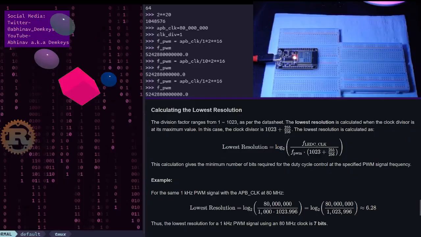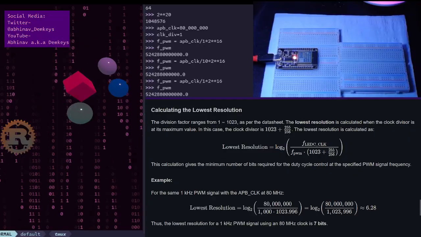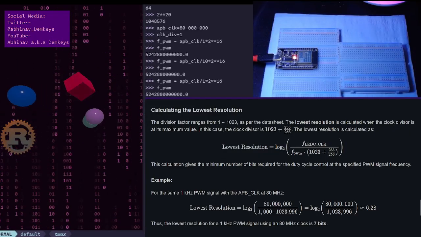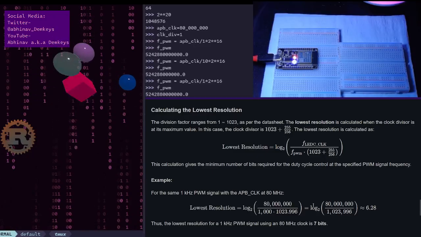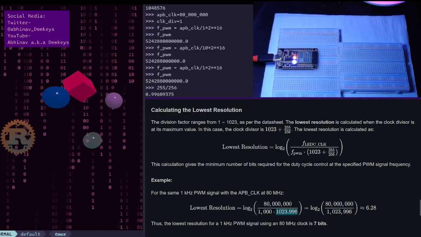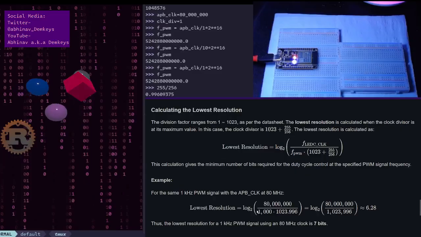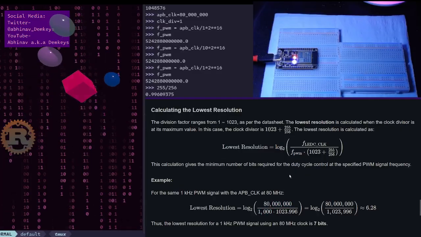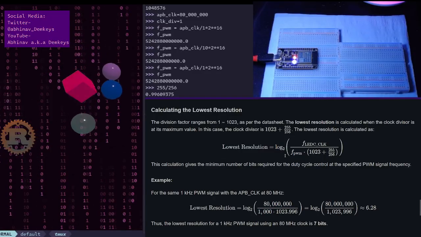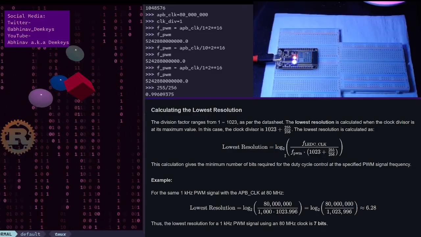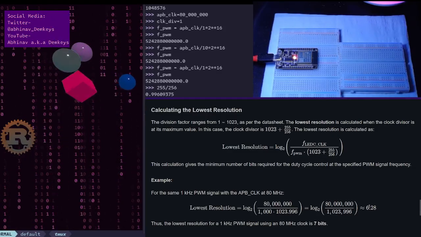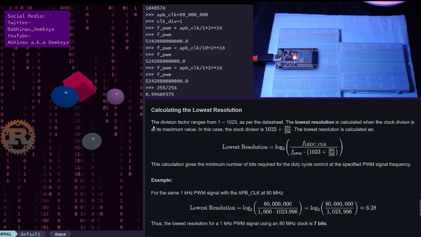I'm guessing 255 divided by 256 is 0.996. Yeah, it's 0.996. So then we get 1023.996, and then 1000 is supposed to be what exactly? Our PWM. Okay. So then we get this value, which I had gotten up here.